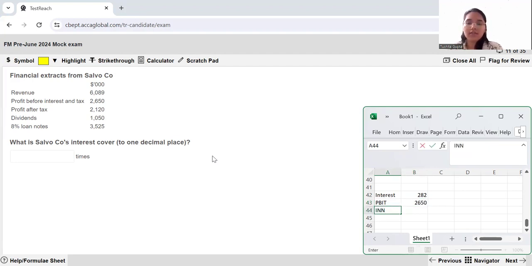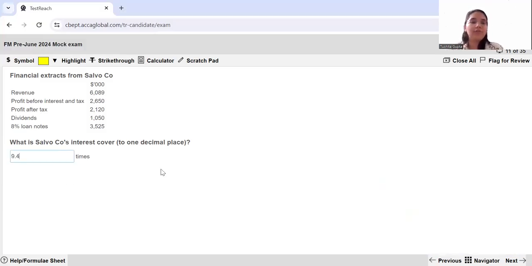So interest cover is nothing but PBIT upon interest. So this divided by this over here, you have your answer as 9.39 times. Now, because they want only one decimal place, I'm going to round it up to 9.4 times. So 9.4.